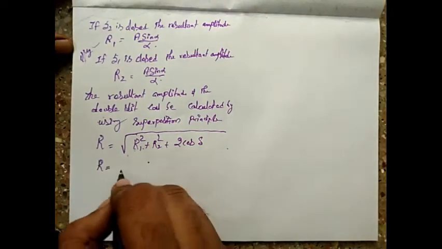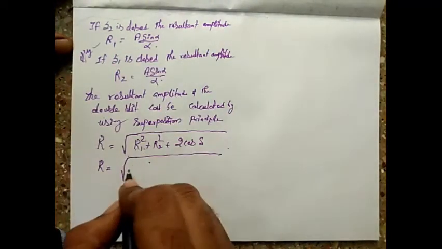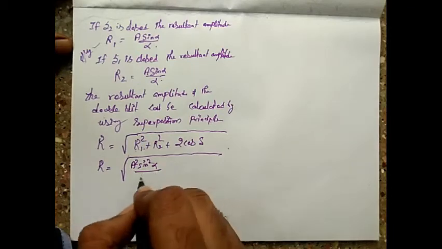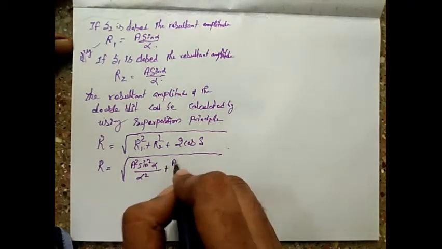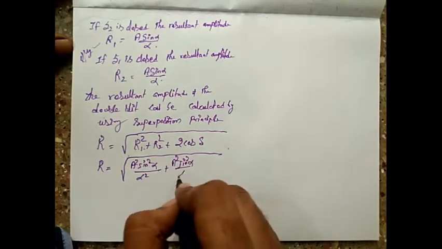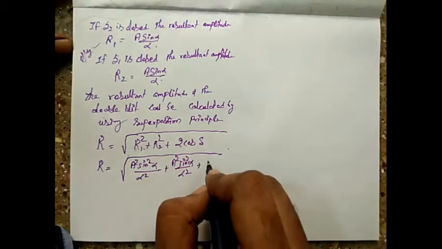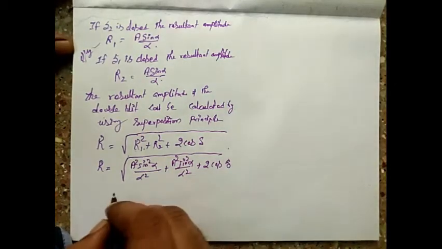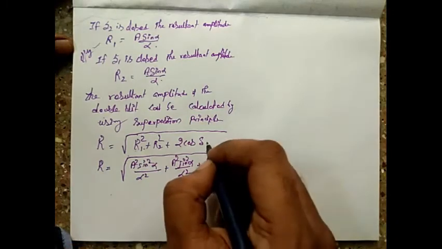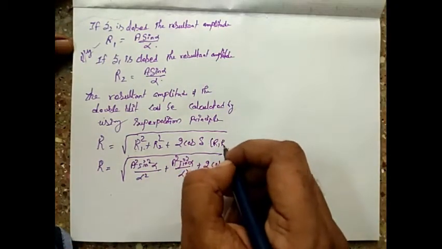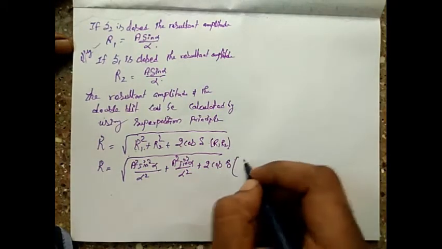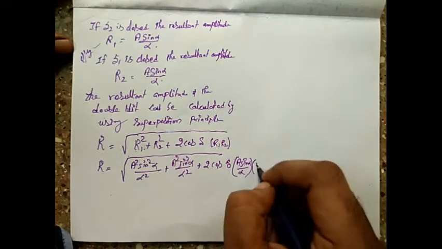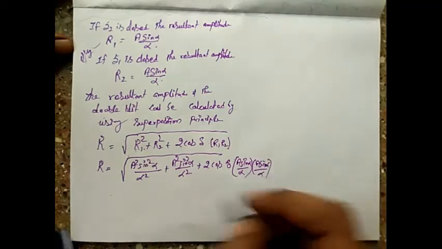R1 square is A square sin square alpha by alpha square, plus A square sin square alpha by alpha square, plus 2 cos delta times R1 R2, where R1 and R2 are both A sin alpha by alpha.